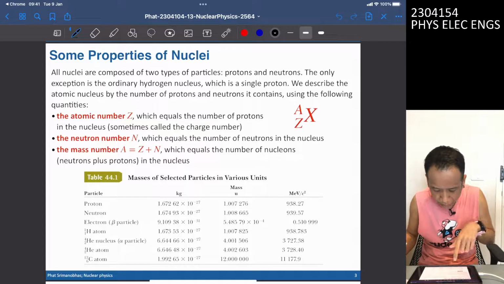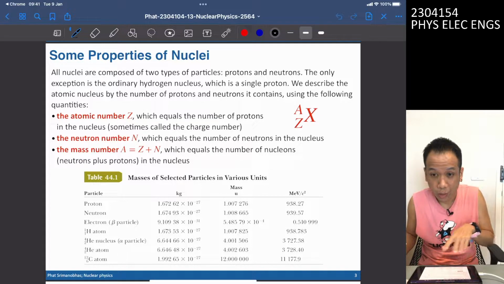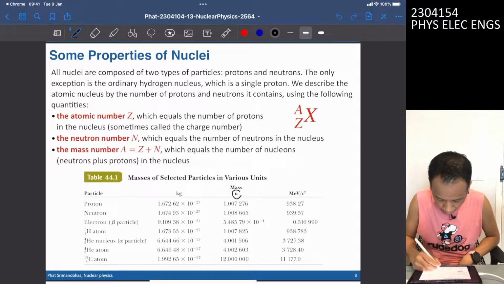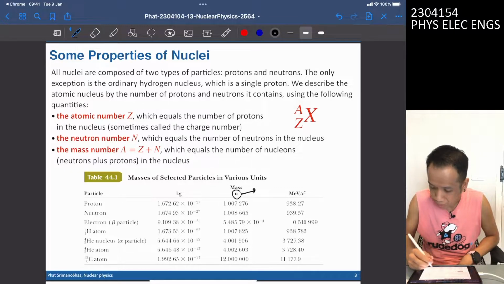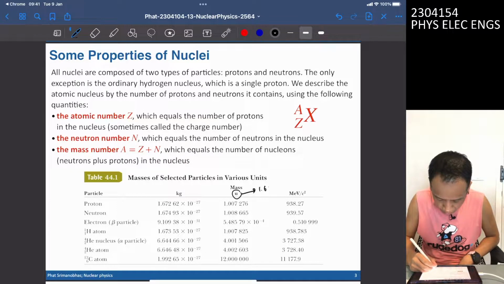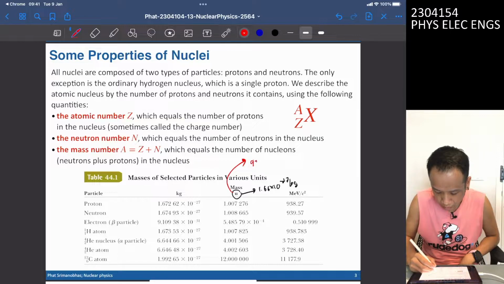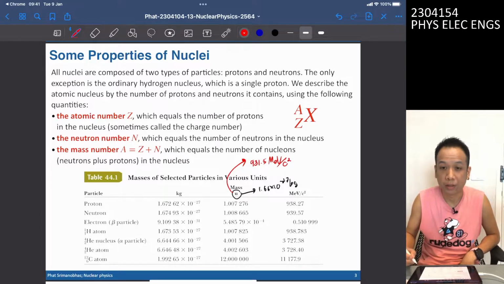We have mass in three units: the kilogram, which is the SI unit, and the mass in u. We can convert this to kilograms: 1 u is 1.66 times 10 to the minus 27 kilograms, or it is equal to 931.5 mega electron volts per c squared.